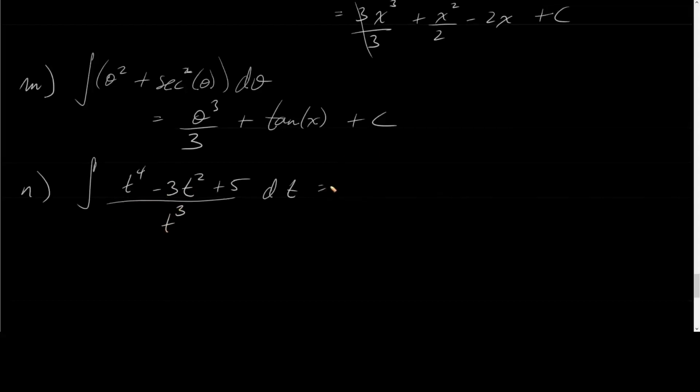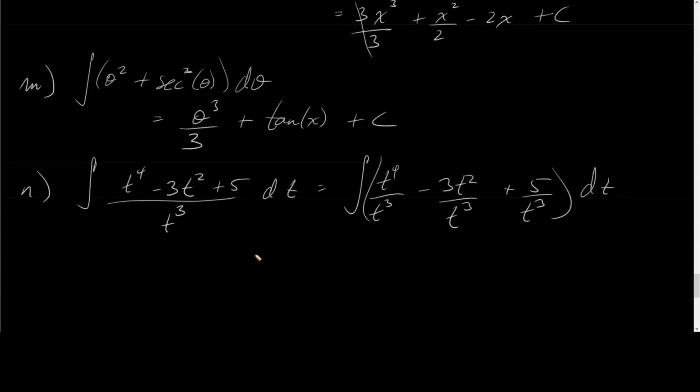Notice here I'm using the variable t, but again, because I'm integrating with respect to t, that's fine. It's just a new variable. So what do I end up with? Well, I'm going to rewrite this as t to the 4th over t cubed minus 3t squared over t cubed plus 5 over t cubed dt.